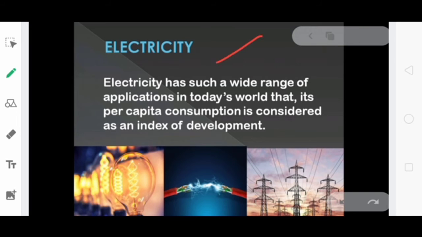We will move on to electricity, which is a very important energy resource. Electricity has such a wide range of applications in today's world that its per capita consumption is considered as an index of development. So when we consider the index of development, how much electricity is consumed per citizen is considered.